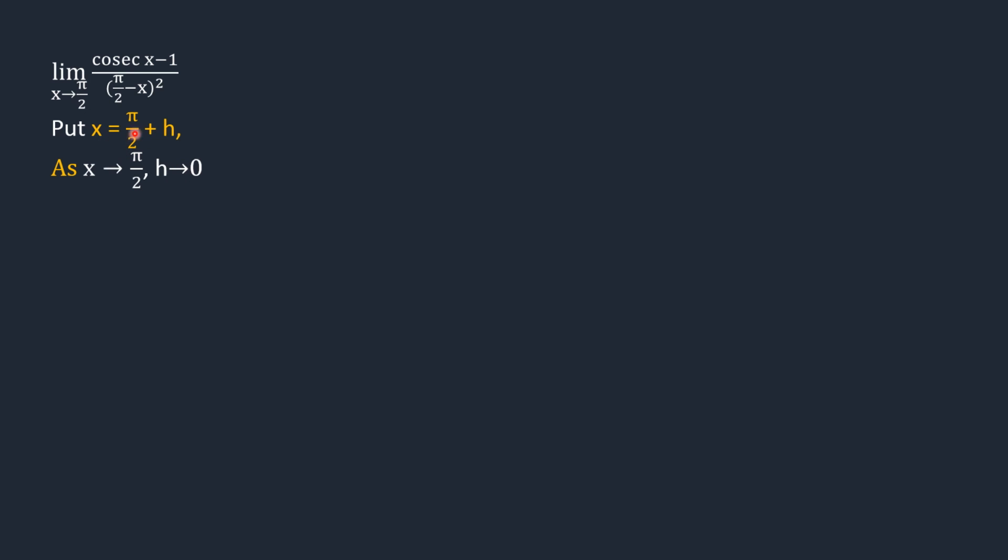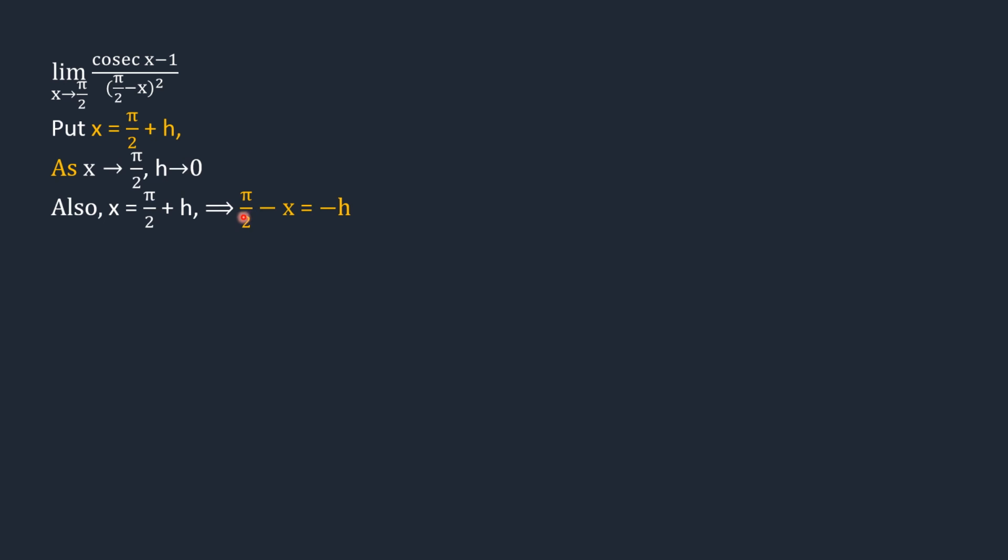Next, with the help of this substitution, we will find the value of pi by 2 minus x. So we have x equals pi by 2 plus h, and we need pi by 2 minus x. So we will bring this x to the right hand side, which will become minus, and we will bring this h to the left hand side, which will become minus h.